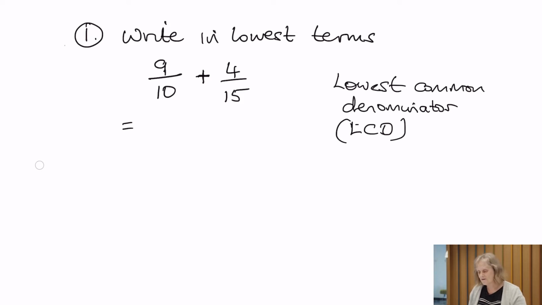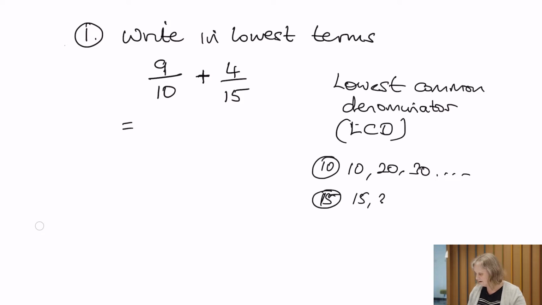So we're going to identify that we're looking at 10 and 15, and we're looking at those multiples. If I'm looking at the 10, I'm doing the multiples of 10: 10 times 1, 10 times 2, 10 times 3, and so on. Likewise with the 15, I'm going to look at the multiples of 15: 15, 30, 45, and so on.